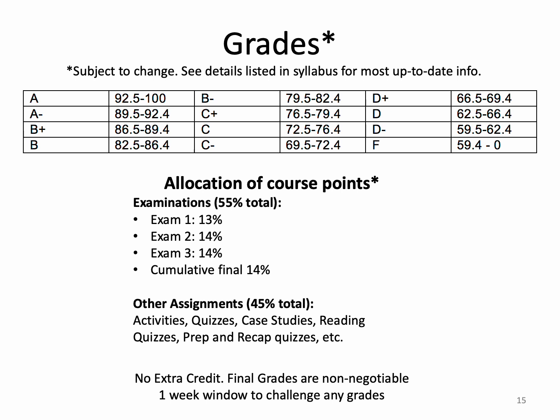So this is the grade breakdown for the course. All of these details are in the syllabus for you to review. But here's how point percentages in the course and letter grades break down.